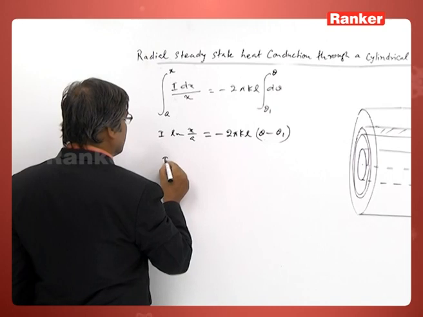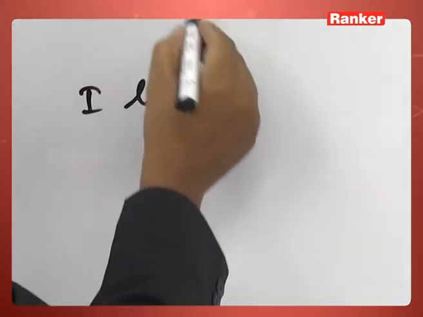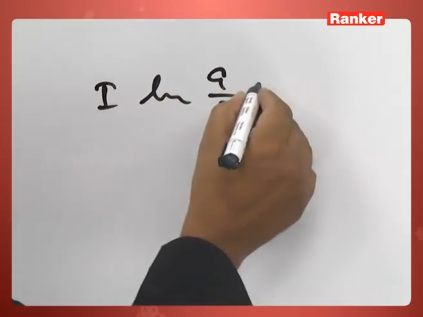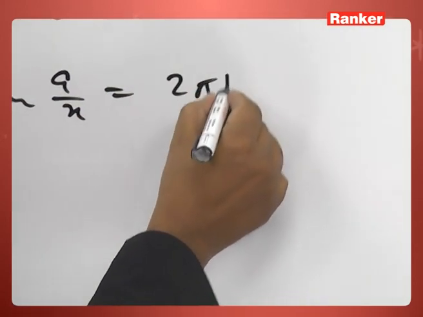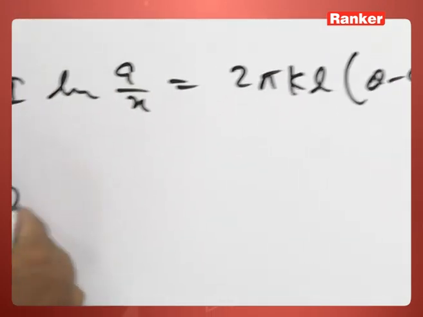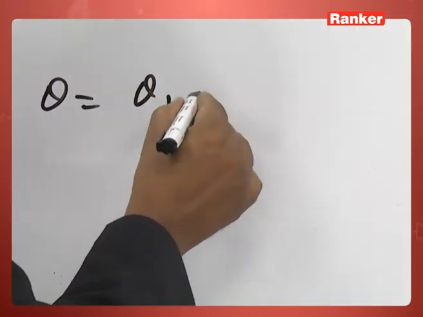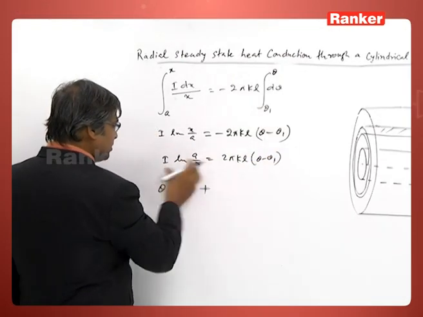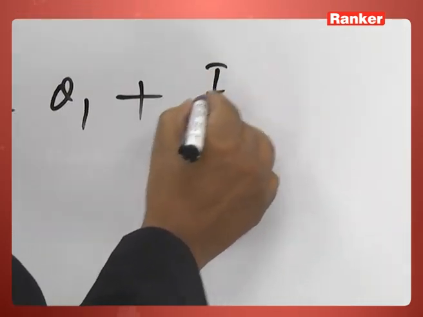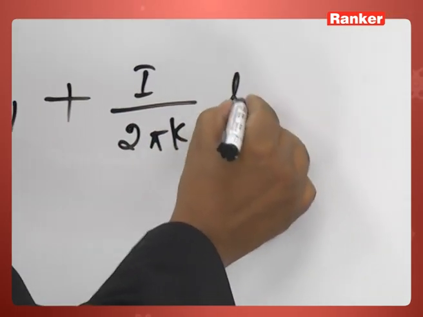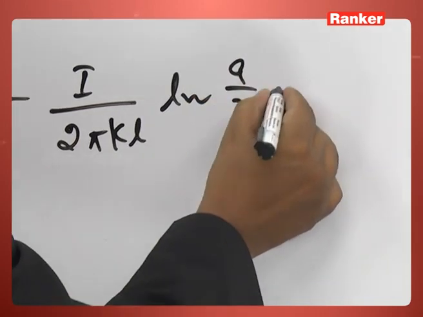So, I will use I, this is ln, if I bring this A by x, then one minus will come, that will get cancelled here. So, theta minus theta 1. So, I have theta is equal to theta 1 plus this term, that is I upon 2 pi k L ln A by x.